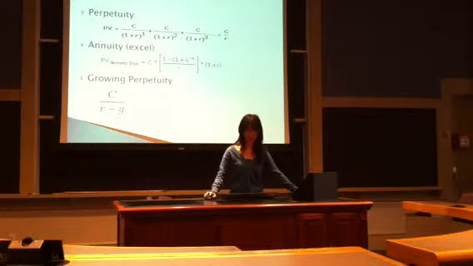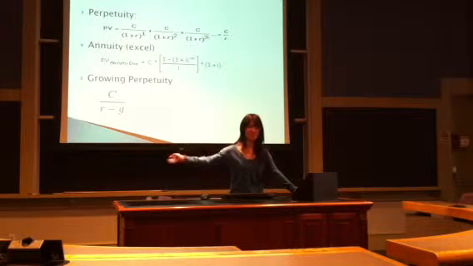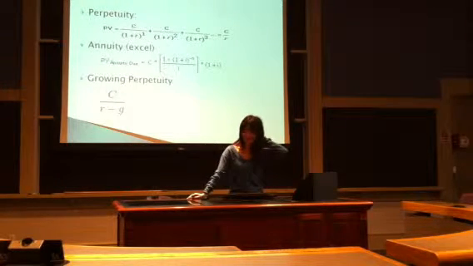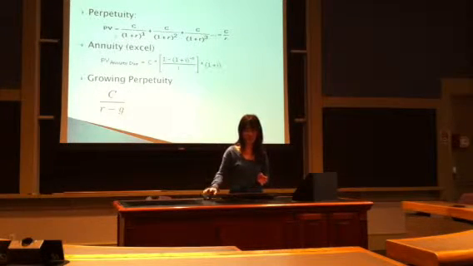So for example, you receive the amount of cash flow C in year 1, in year 2, year 3, and all the way to absolute forever, until after you die, after your 100th generation. And all these cash flows discounted back to the present value today, which is C over R, where R is the discount rate or the interest rate.